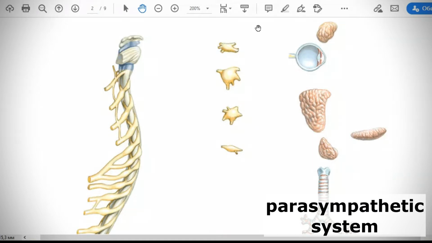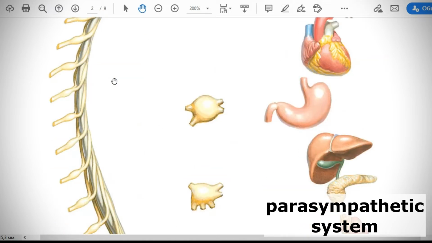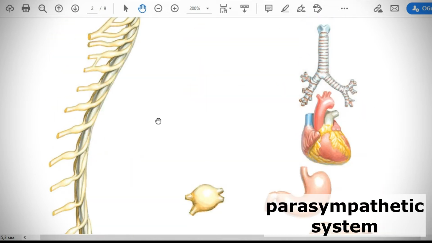The centers are in your brain and spinal cord. The periphery includes nerves, ganglia, plexuses, and other connective branches.